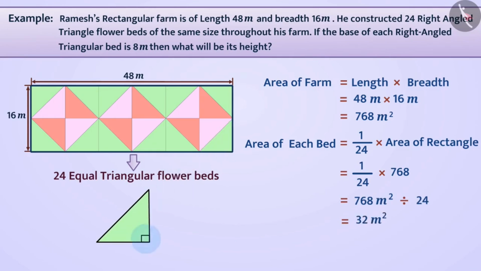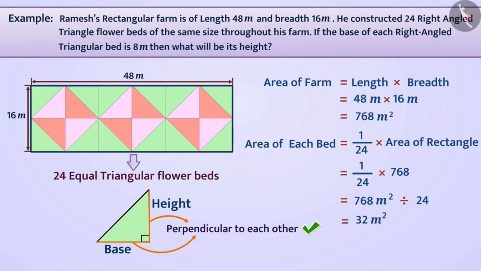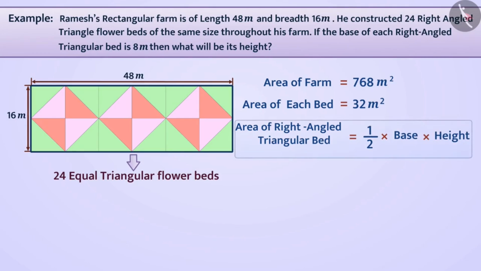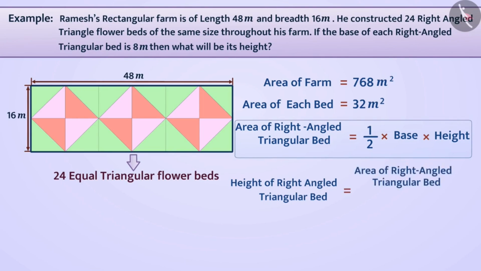In the right-angled triangle, two sides are perpendicular to each other. We can take one of these as base and other as height. Since the area of the right-angled triangular bed is half multiplied by base multiplied by height, therefore, we can say that height of right-angled triangular bed is equal to area of the right-angled triangular bed multiplied by 2 divided by length of base.